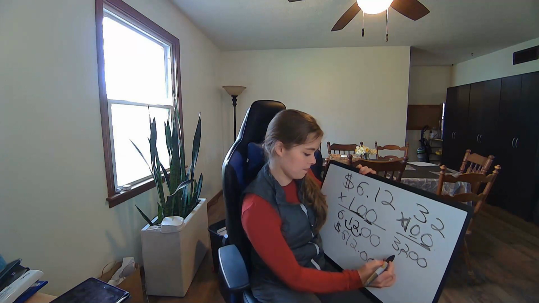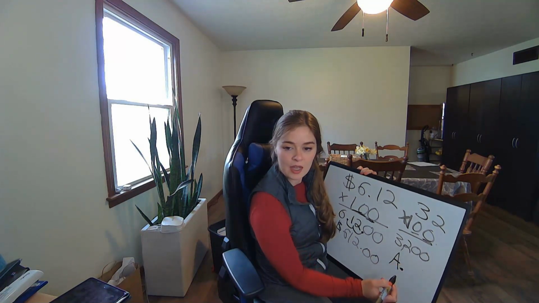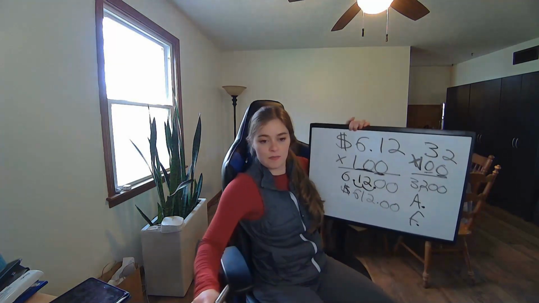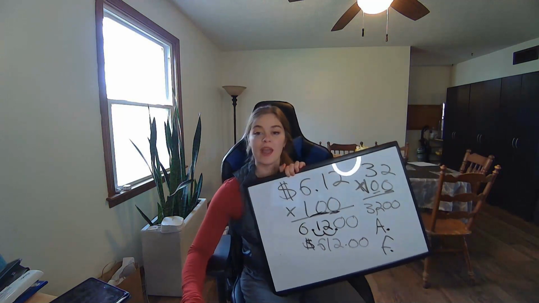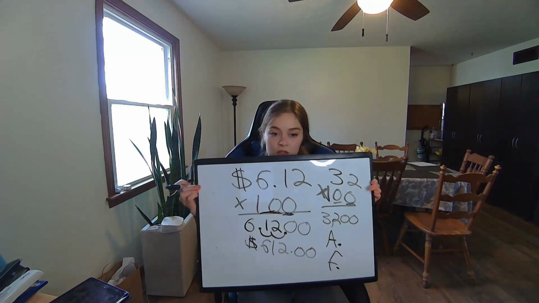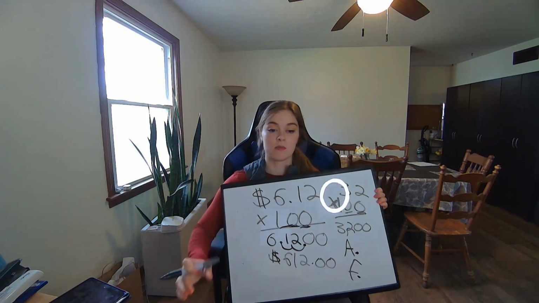I want you to try A and F from the lesson practice. So, try A and F, and then come back and check your answers. A and F from lesson 85, lesson practice.